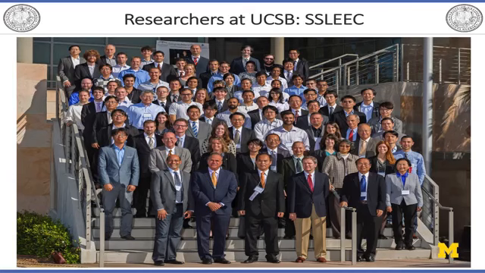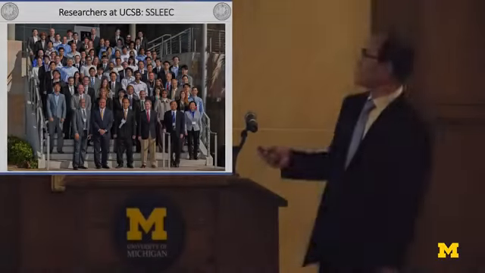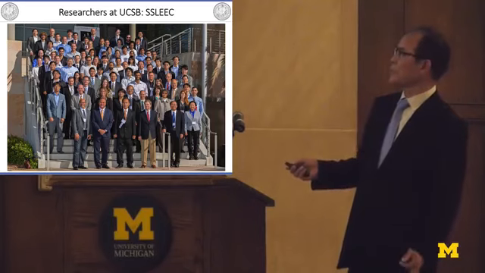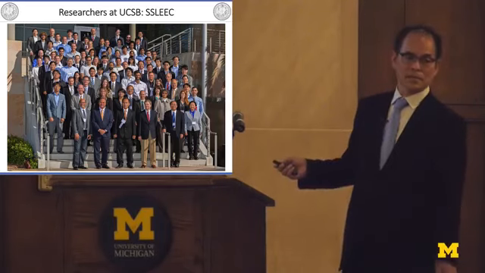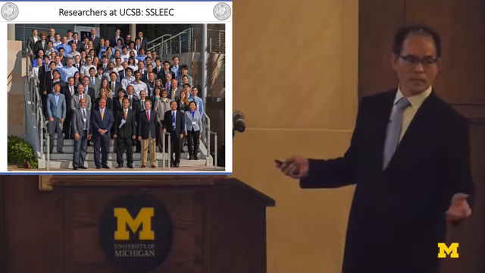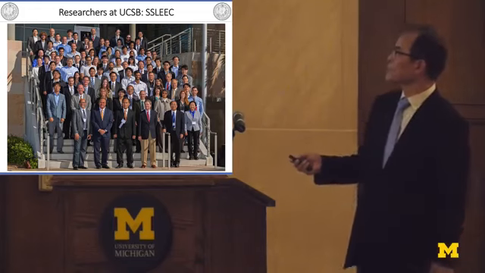And at UCSB, we have the Solid State Lighting and Energy Electronics Center. Using gallium nitride-based materials, we are developing all kinds of devices. This is Professor Umesh Mishra, who is developing all kinds of electronic devices using gallium nitride. And this is Professor Steve Denbaars, and he's developing all kinds of LED, laser lighting, and micro LED. And this is me.